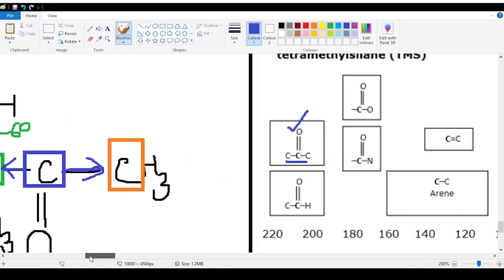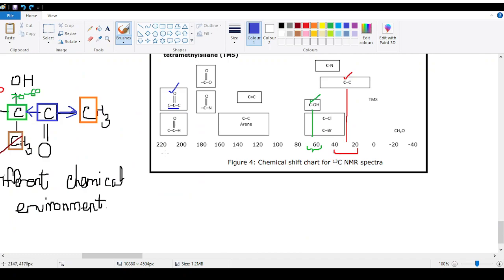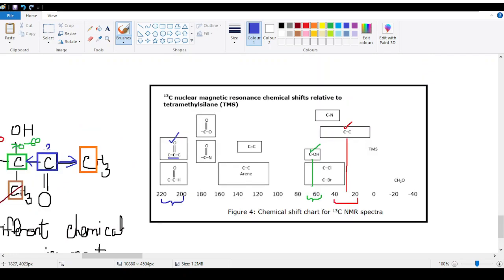Can you see now clearly? So this carbon is also joined with one carbon on the left side, another carbon on the right side, similar to the one that we have used. Does it make sense? And a double-bonded oxygen. And the value is expected from somewhere around 200 to 220. Is that fine? All right, so we can expect the value from 200 to 220.